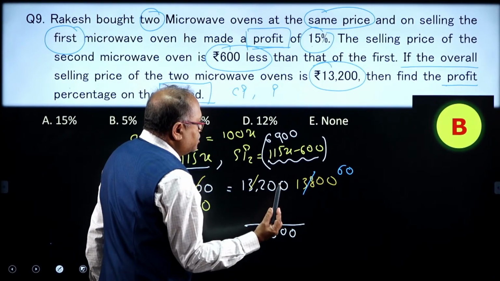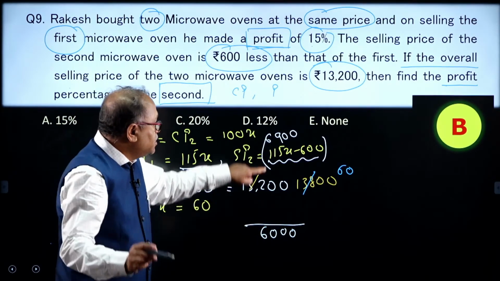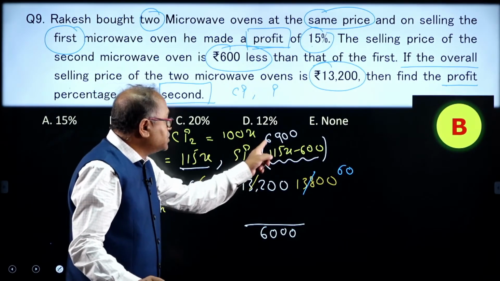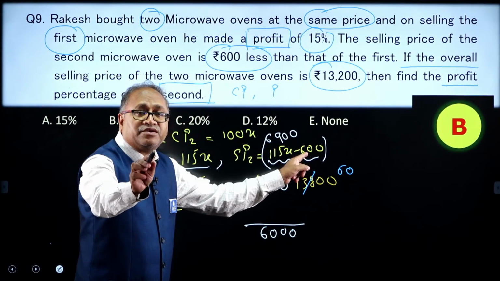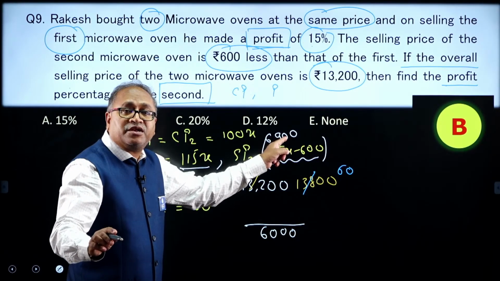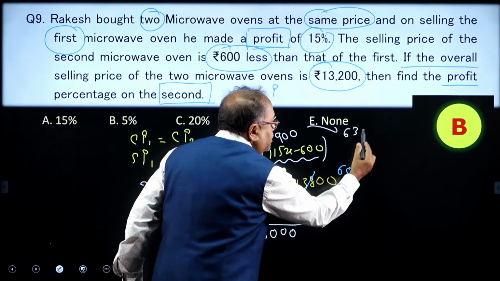Am I right? Now, 6,000 is the cost price and 6,900 minus 600 gives the selling price. So, 6,300 is the selling price.